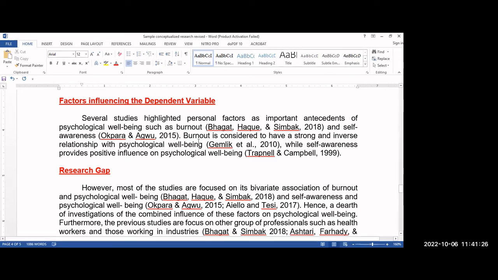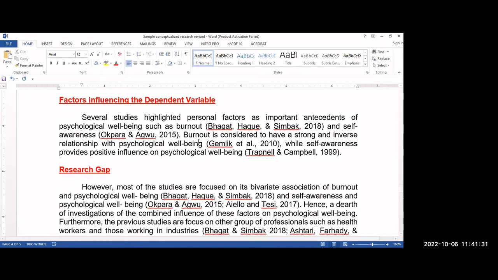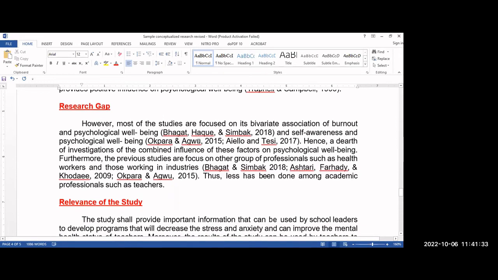There's no set length for the introduction, for as long as the components are there. And then after that, the research gap. However, this is now a certain justification on the need to conduct the study. However, most of the studies are focused on its bivariate association of burnout and psychological well-being, cite the author, and self-awareness and psychological well-being, cite the author.